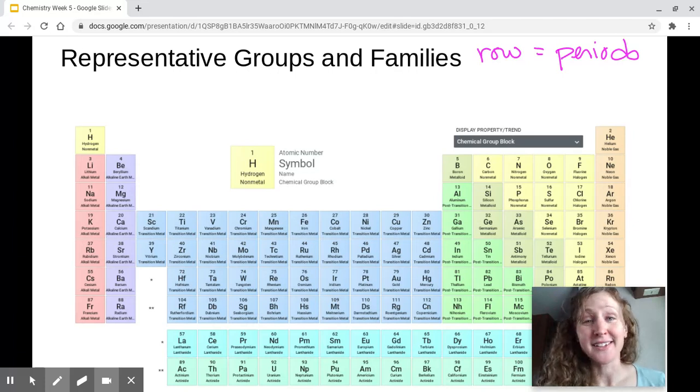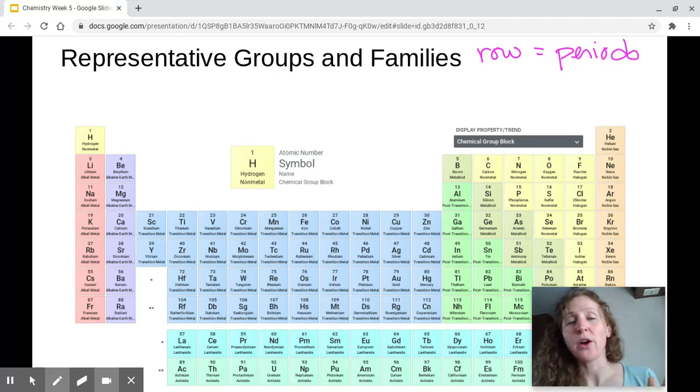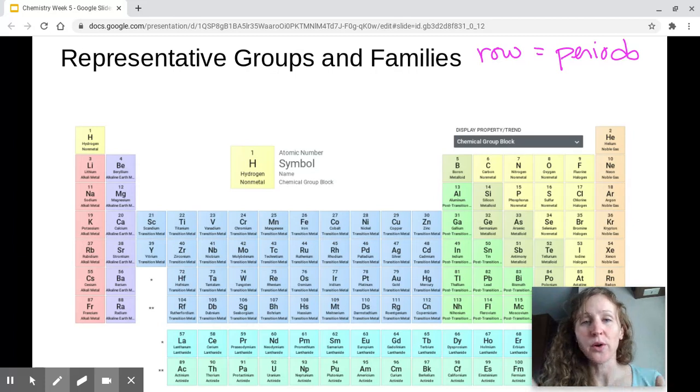Our classes are periodic. We go through second, fourth, sixth, eighth period, and then it starts again. Well, this happens on the periodic table also. You go all the way through a row, and then patterns start over. So that's why rows on the periodic table are called periods.